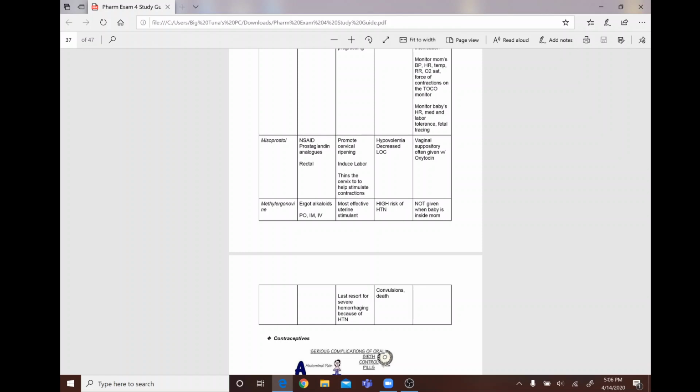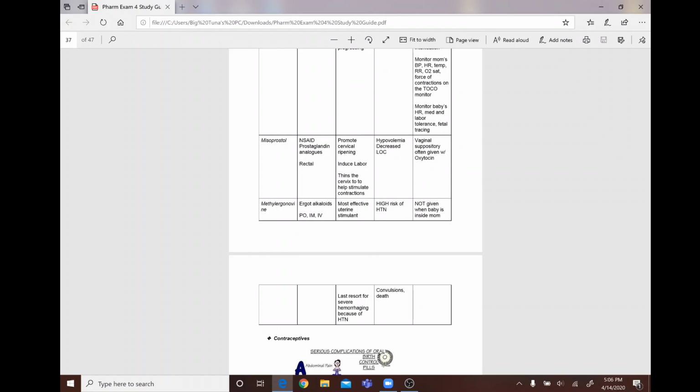Methylergonovine is what type of drug class? Ergot alkaloids. How do we administer methylergonovine? PO, IM, IV. What is the action of methylergonovine? Most effective uterine stimulant, last resort because of severe hemorrhaging because of hypertension.